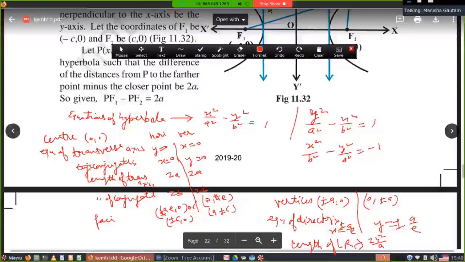Okay. These are the main points which you have to learn to find the solution of questions on hyperbola. Now let's do a few examples. Just see: y square upon a square minus x square upon b square is equal to 1, and x square upon a square minus y square upon b square is equal to 1. I've told you two equations. Just do examples now.